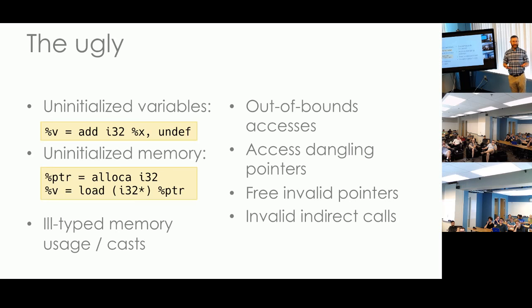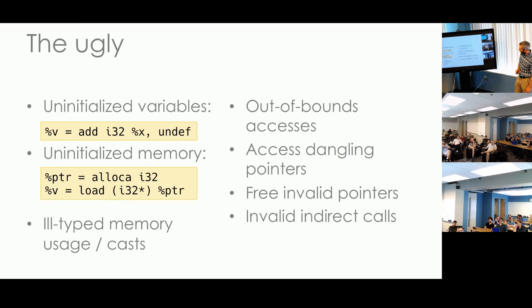It also added different notions of undefined behavior. Between then and now, they added poison, and now they're thinking about removing undef. So tracking those kinds of changes has been hard. And there are still a lot of semantic issues at these low levels, things like undefined behaviors due to uninitialized variables and ill-typed casts.